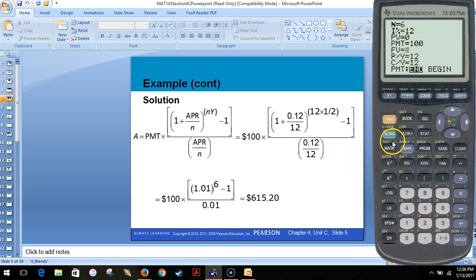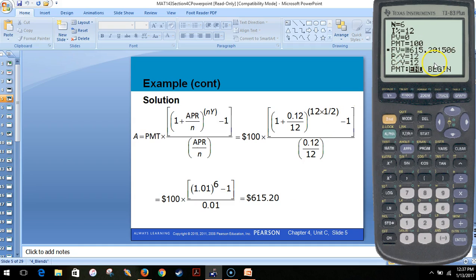And then I need to hit alpha, enter for solve, and it will tell you. Now your future value, and this happens quite frequently, will have a negative, because right now you have nothing, right? Your present value is 0. So your future value is the $615.20. So a little bit easier than going through the process of using this very long formula.